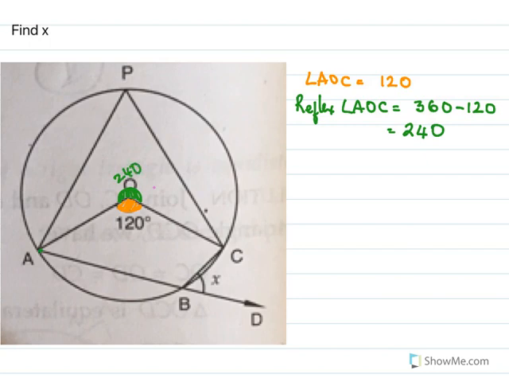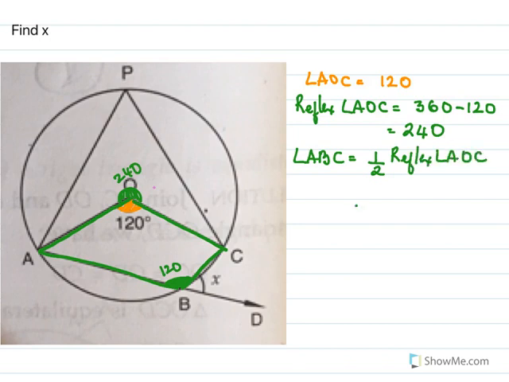If reflex AOC is 240, we can now find angle ABC. This angle ABC will be half of 240, and that will be 120. So angle ABC is half of reflex AOC, which is half of 240.